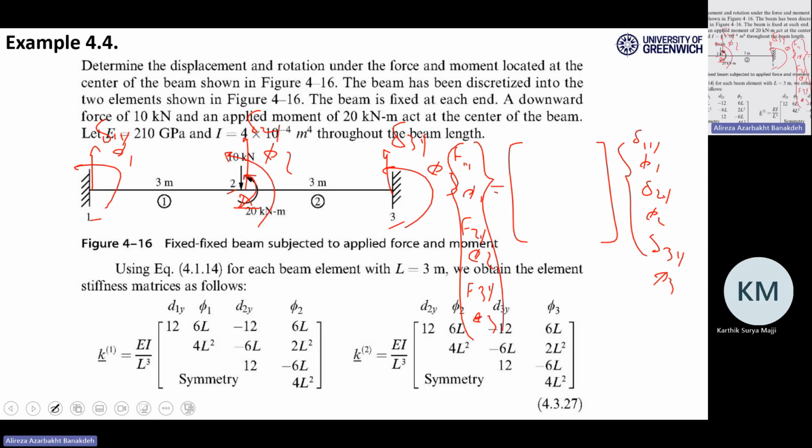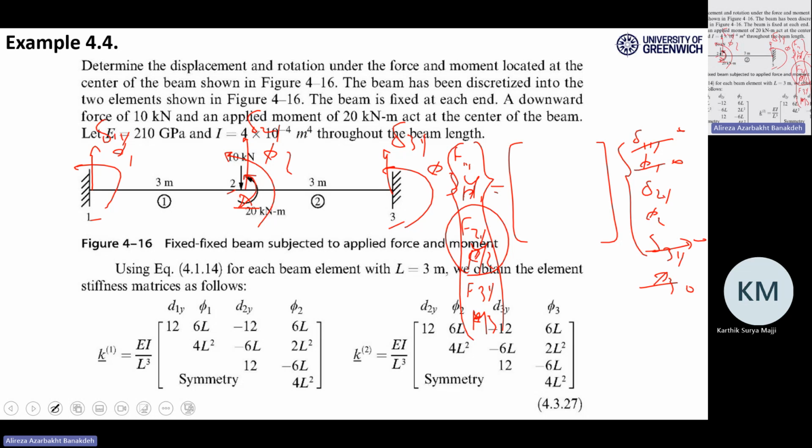In the right-hand side, delta 1y and phi 1 are 0 because I have a support. Delta 3y and phi 3 are 0 because I have another support. Only delta 2y and phi 2 are free to move in the middle node, node number 2. In the left-hand side, F2y and M2 can have numbers.